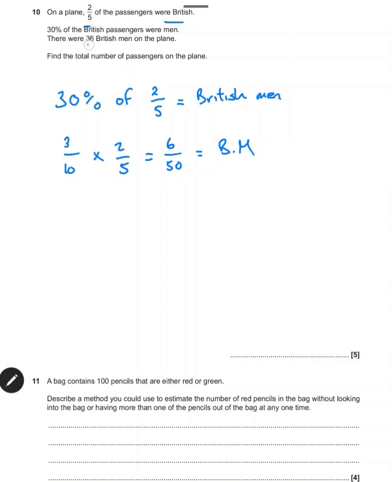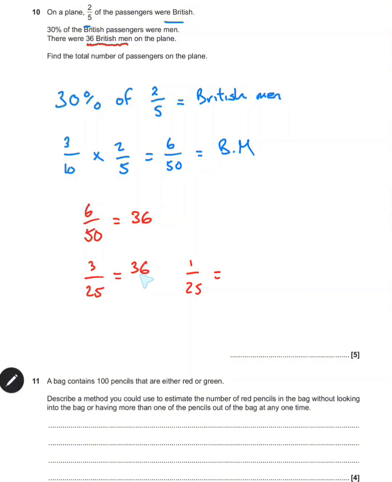We're told that there are 36 British men, so 6/50ths is those 36. Well, 6/50ths is the same as 3/25ths, and that's still 36. I've just simplified my fraction a little bit. If I want to know total number of people, I need 25 25ths. So first I'm going to work out 1/25th, and I'm just going to take this number and divide it by 3.